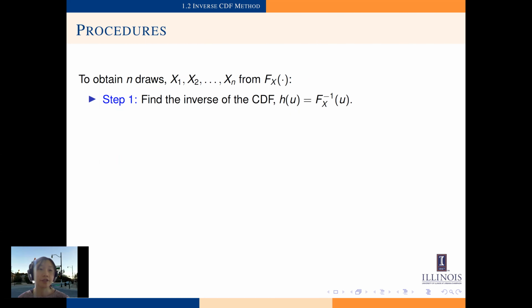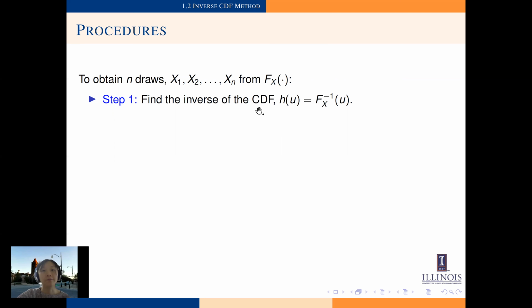So here are the procedures for the inverse CDF method for continuous random variables. To obtain a total of n draws, x1 all the way up to xn, from this distribution, the first step is to find the inverse of the CDF.